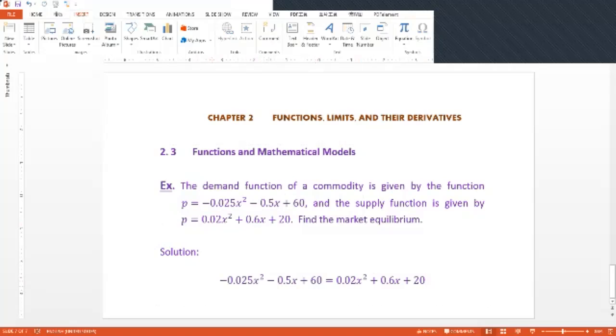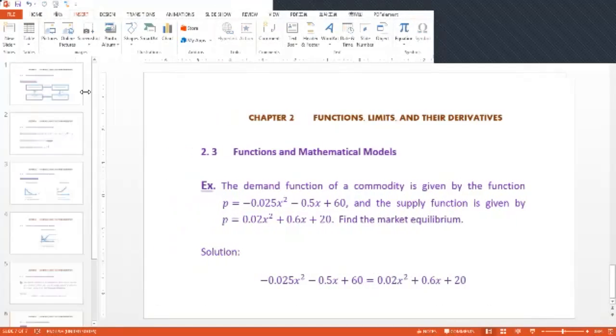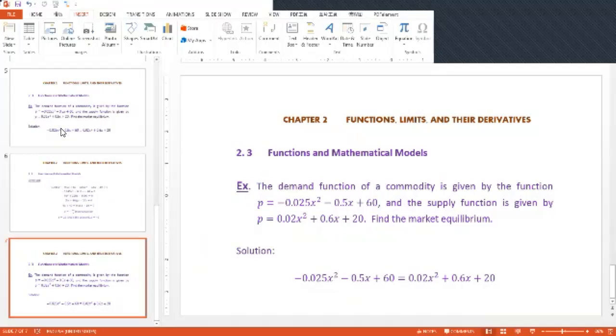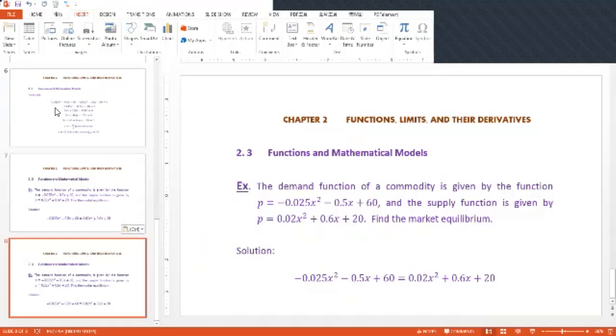Then the only thing left is just to solve this equation. So we need to solve a quadratic equation basically. So let's just work it through and see how we can do the problem.